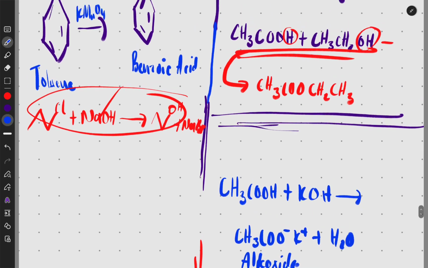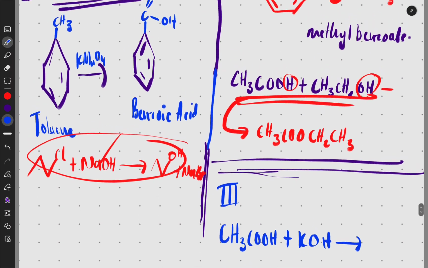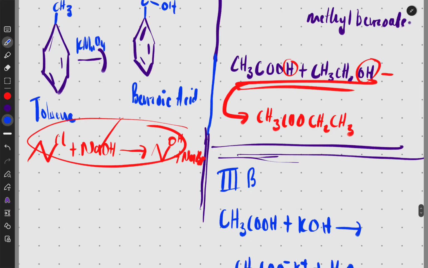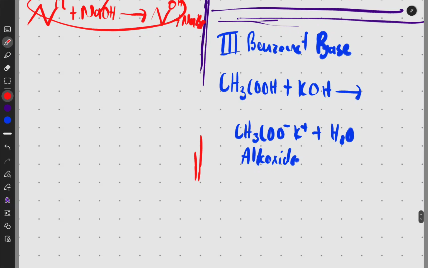So that is what happens in reaction number 2, where you have benzene plus base, okay? All right. So this is what happens, and you'll be having your alkoxide. And you can do the same thing again.